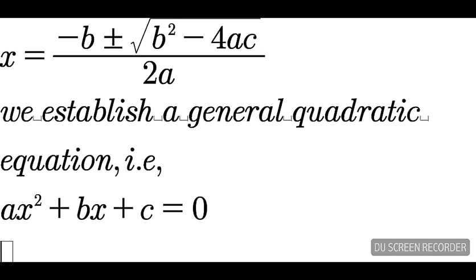At this point, we have managed to establish a general quadratic equation, which is given as ax squared plus bx plus c equals 0.